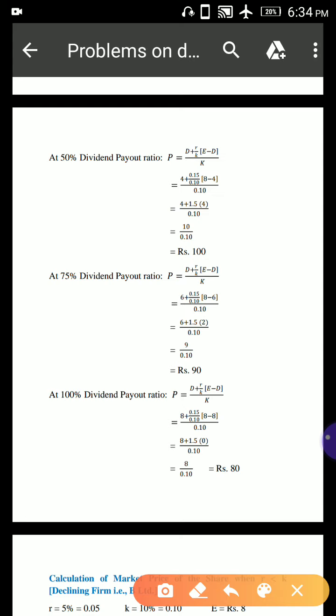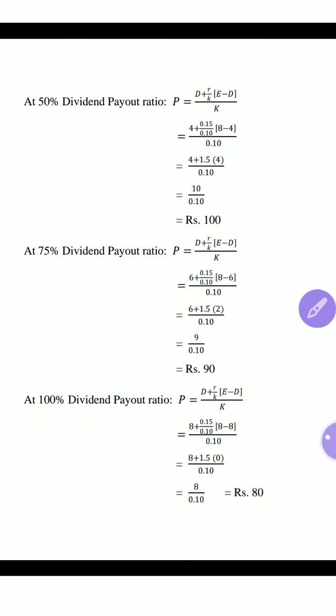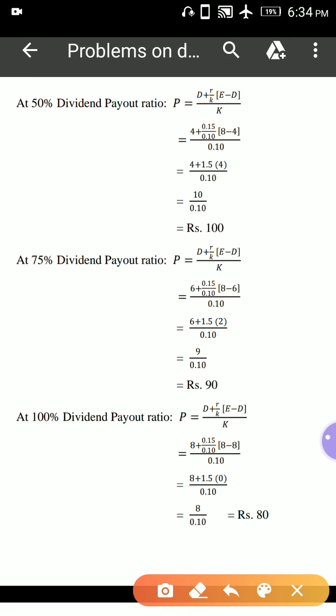See here, at 50% dividend payout ratio, the dividend is 4 rupees, and here 6 rupees, and here 8 rupees, according to the above calculation. We made the dividend calculation in the beginning of the solution.